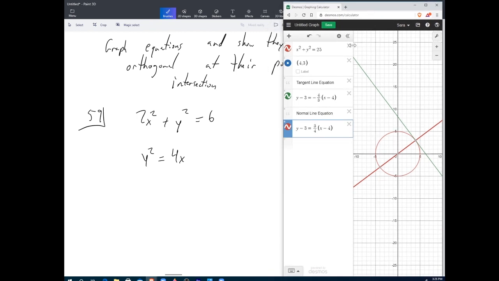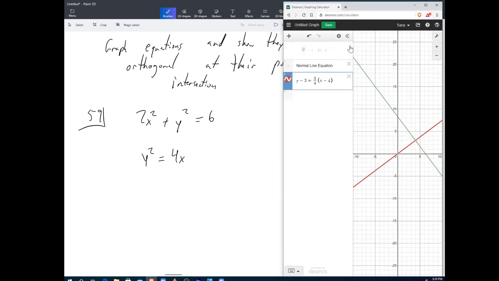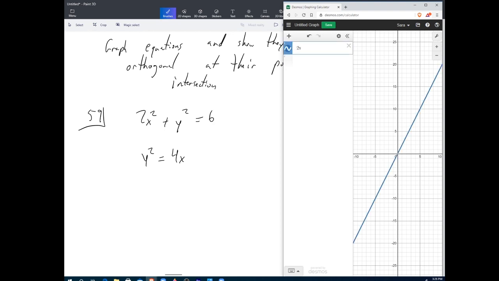I don't need the points of intersection yet, but I will soon. So 2x squared plus y squared is equal to 6, and y squared equals 4x.